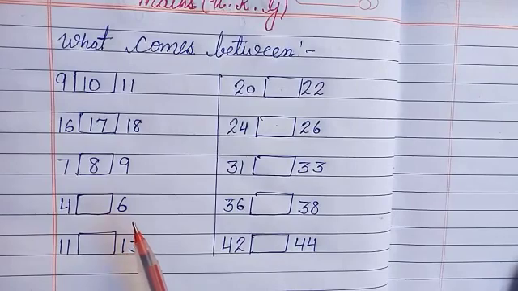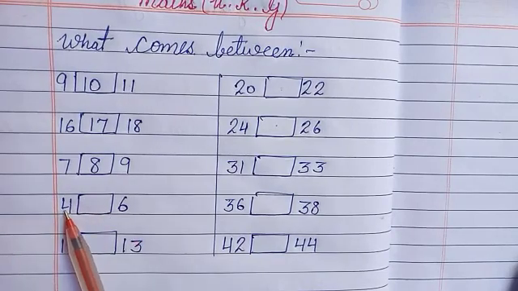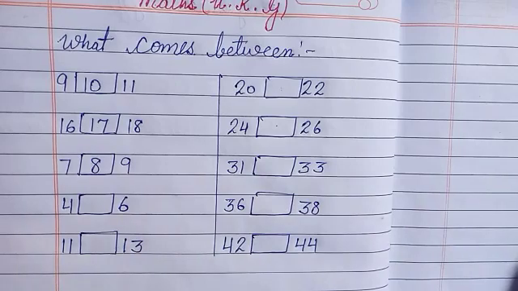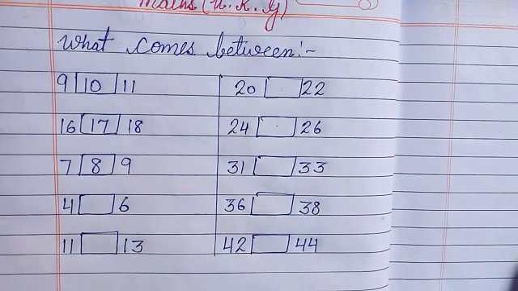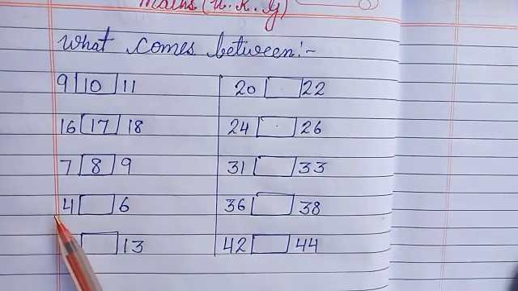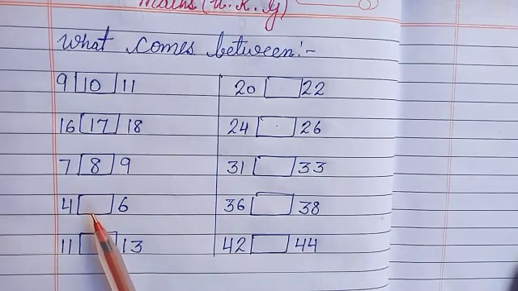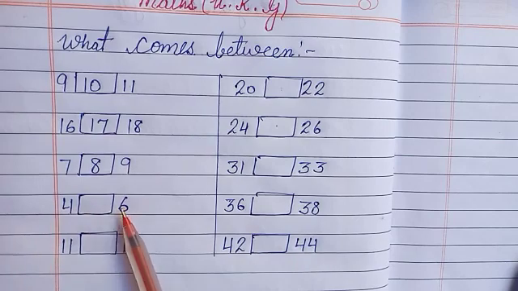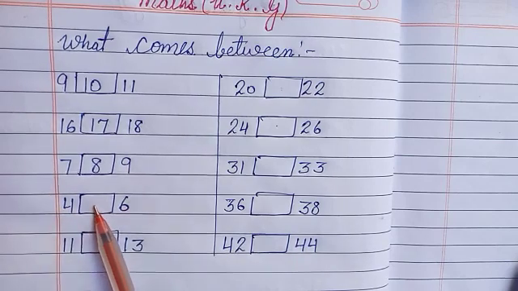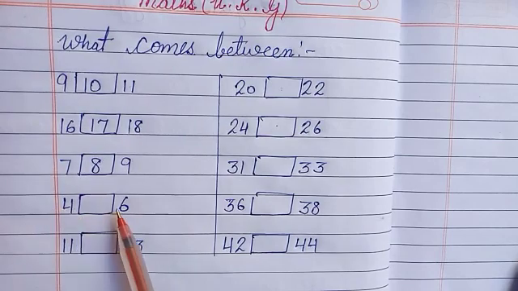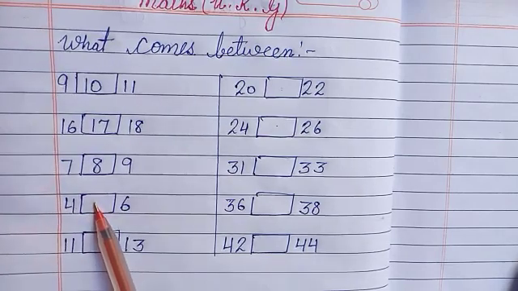Which number will come between 4 and 6? 5 comes between 4 and 6. 4, 5, 6. 5 comes between 4 and 6. You write here 5.